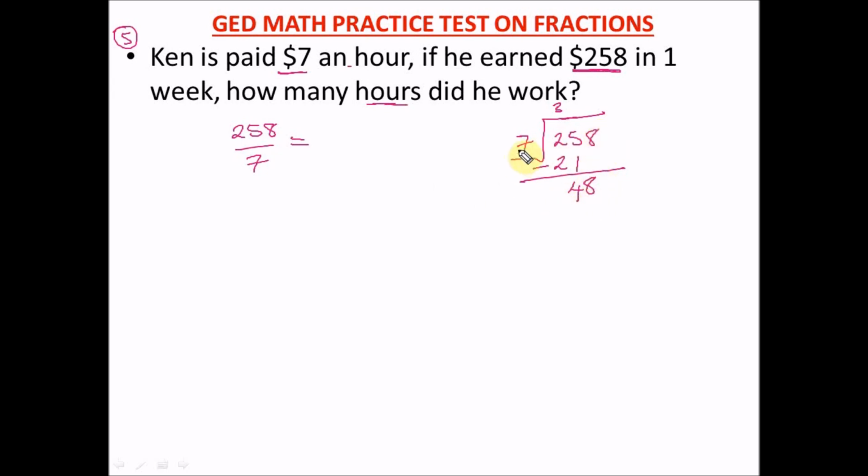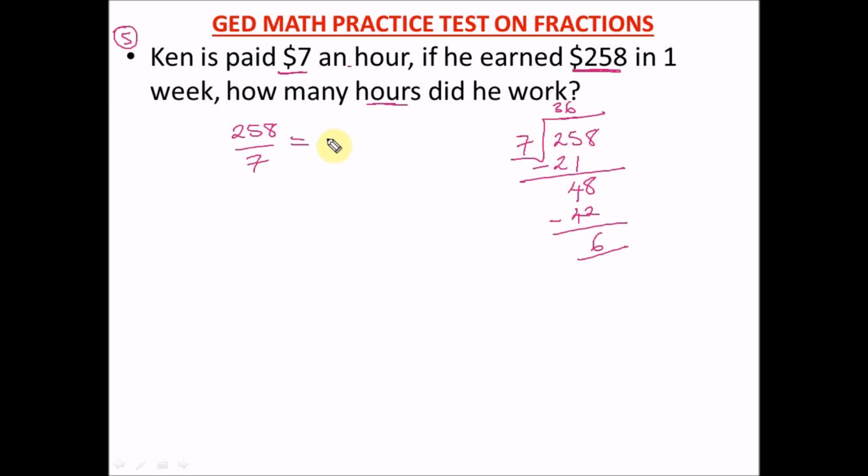So we have 48. Now, can 7 go in 48? Yes, it can. And how many times would 7 go in 48? It's going to go about 6 times. That's 6 times 7 will give us 42. So let's subtract this. We have 8 minus 2, that will give us 6. And 4 minus 4 is 0. So our remainder is 6.